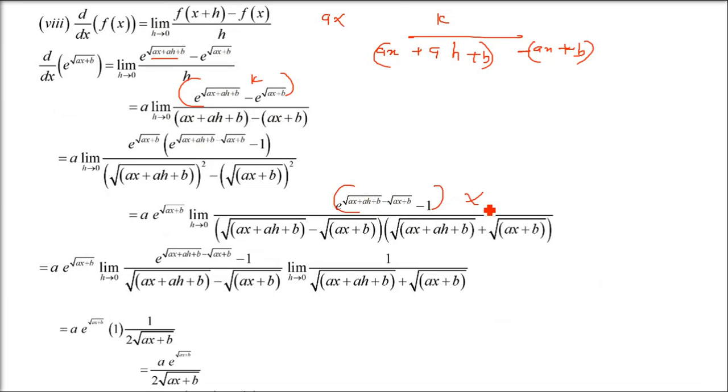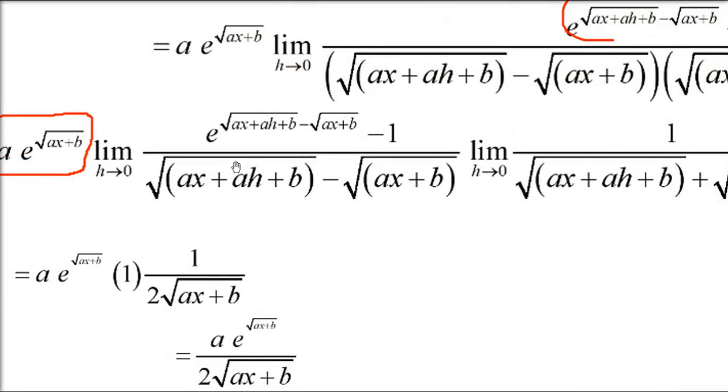See, this one with this one, and one with the other one. A was already there. e under root ax plus b was already there. Then you have this whole term divided by this same term, minus 1. So e raised x minus 1 by x form.